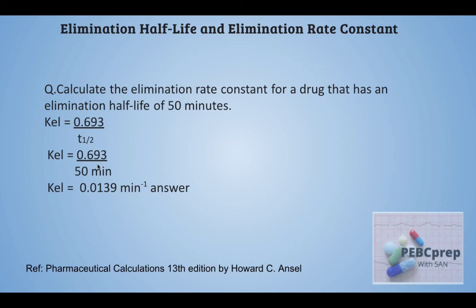We put everything in formula. Here minutes is in denominator, so to show it we put a -1 here to show inverse. We got 0.0139 minute inverse as an answer.